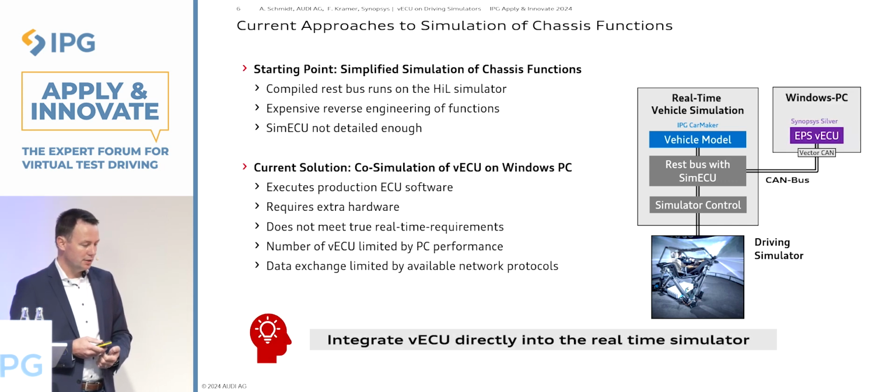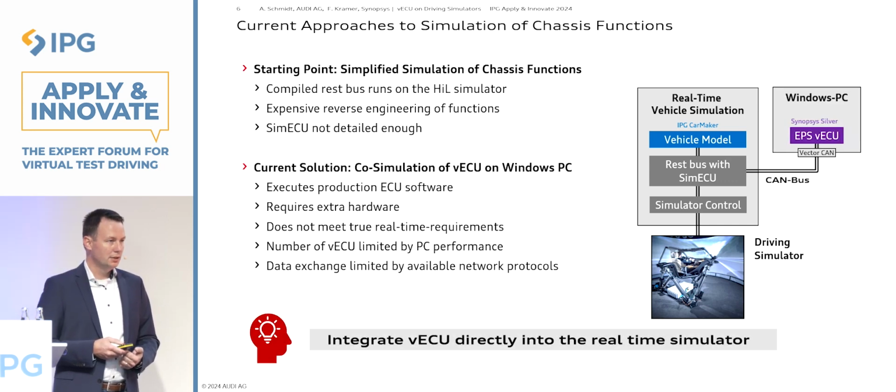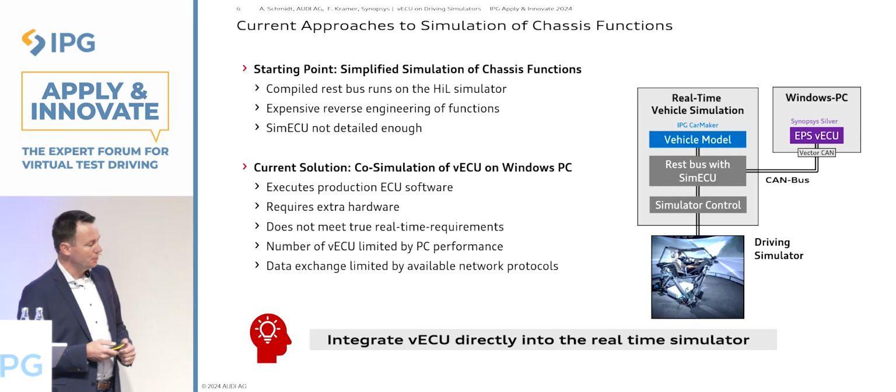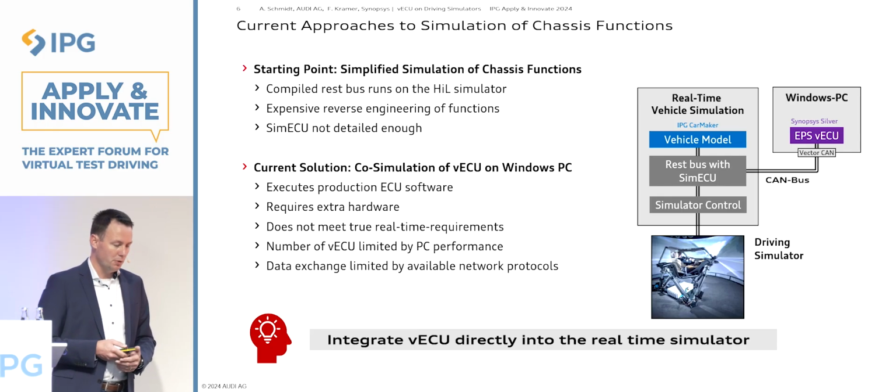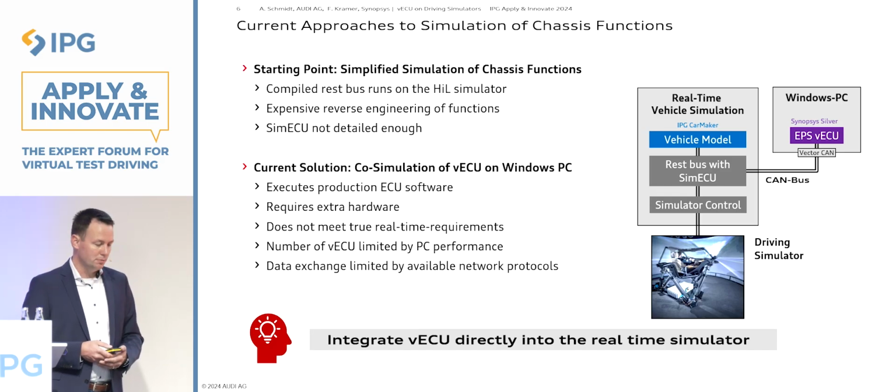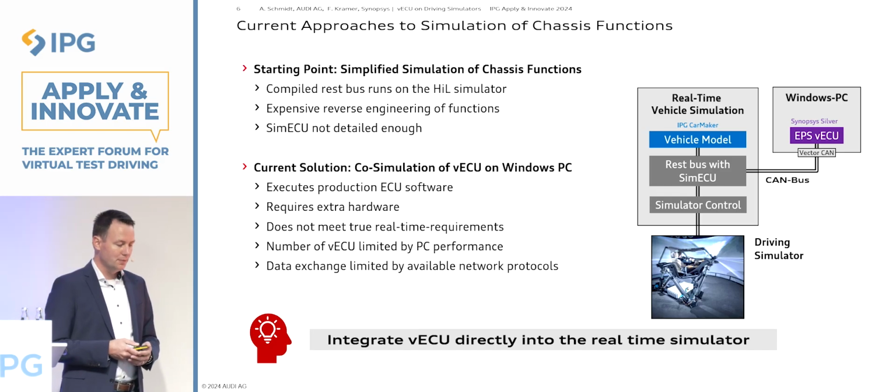So we decided to attach our, in this case, electric power steering to the driving simulator with a Vector hardware. We use a CAN bus for that, and it runs on a Windows PC.